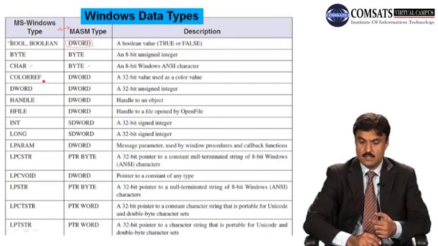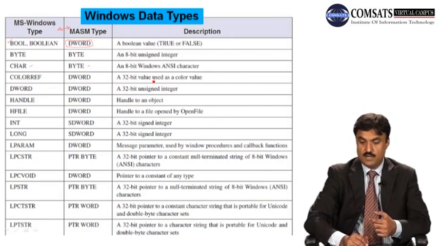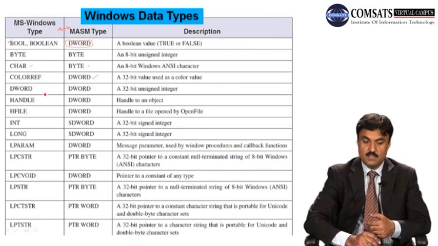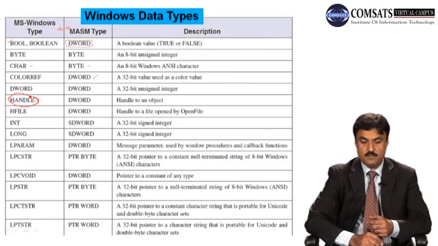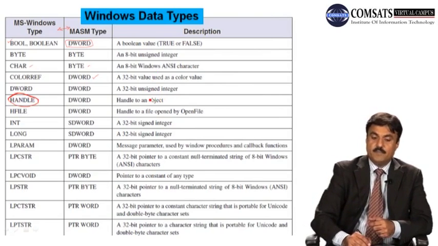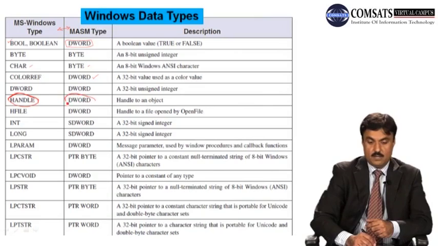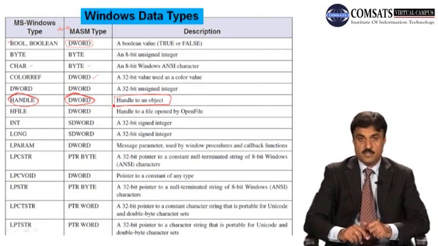COLORREF is a color value, a 32-bit value used as a color, and this can be used as a double word data type inside MASM. Double word is the same as double word. HANDLE is more important. Handle is a data type used inside Windows, and the same data type is called double word in assembly. Just remember one thing: a handle to an object.